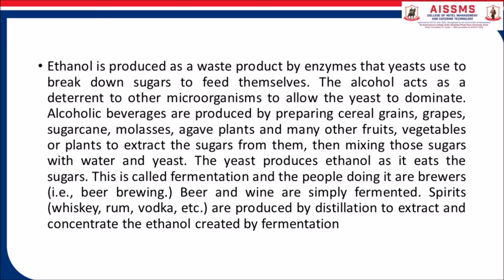Alcoholic beverages are produced by preparing cereal grains, grapes, sugarcane, molasses, agave plants, and many other fruits and vegetables, or even plants, to extract the sugar from them. Then those sugars are mixed with water and yeast, and the yeast reacts and produces ethanol as it eats the sugar.